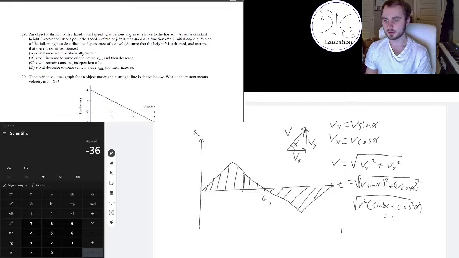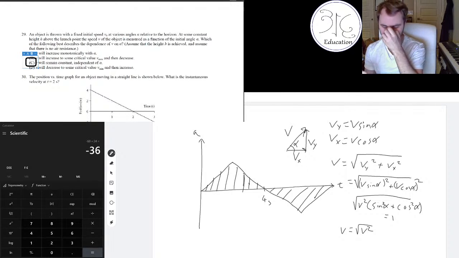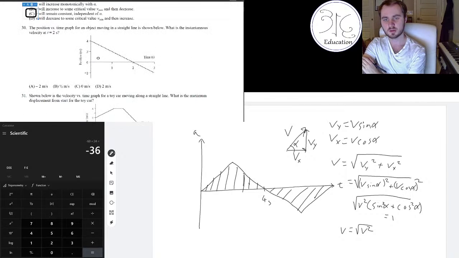And so really, our v is just equal to the square root of v squared, which is v. We see this has no alpha dependence. What that means in the context of our problem is v will remain constant independent of alpha. By changing this angle, we're measuring different components. If we assume that the height is achieved and there's no air resistance, it's not going to make a difference.